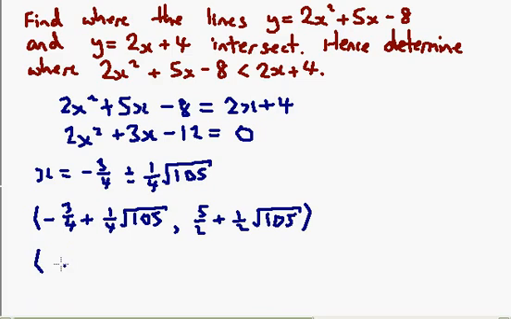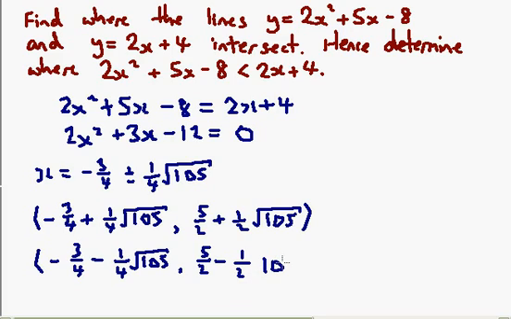And the other coordinate is very similar. I'm just swapping the plus signs for negative signs. So that is relatively straightforward. It certainly doesn't look it, but the process, the method, is relatively simple.